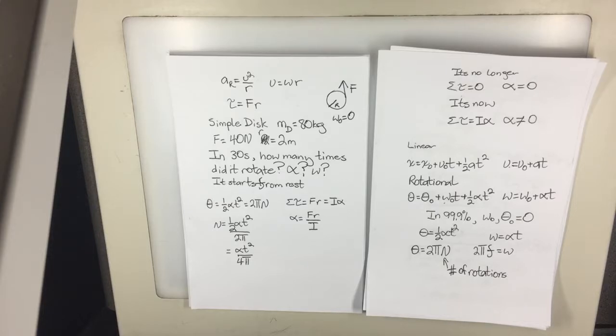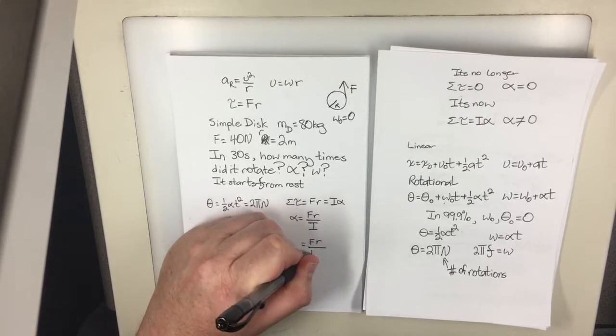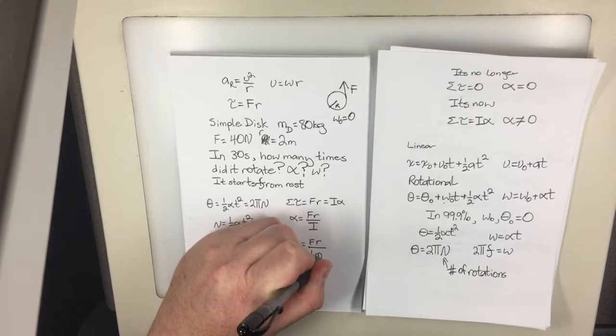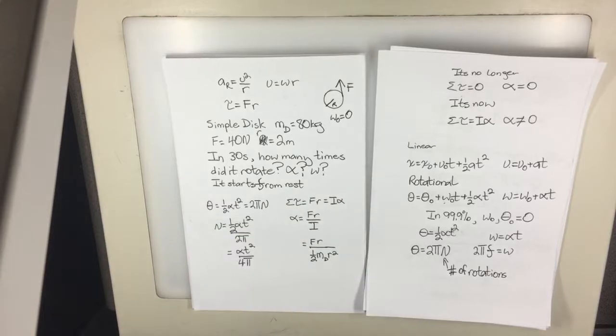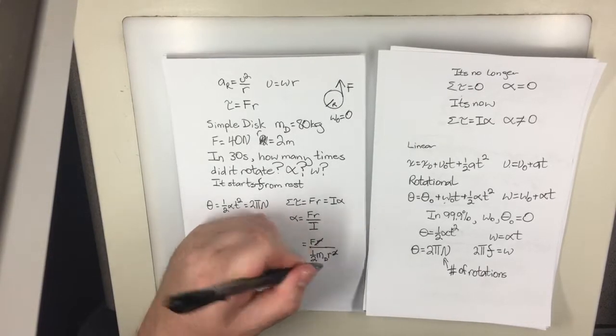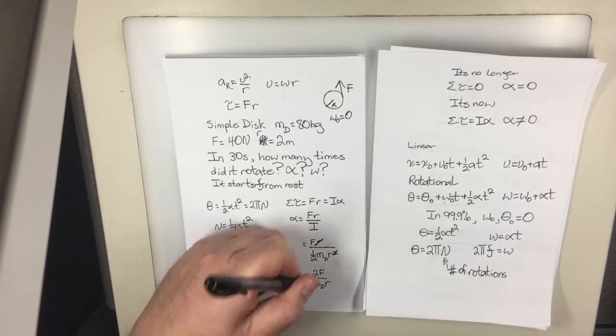I do know F, I do know R, but I don't know the moment of inertia. I was not given that value. However, I know that it is a disk. So this becomes FR over 1/2 mass of the disk, R squared. That's the moment of inertia of a disk rotating about its center point. One of the R's cancels, and my alpha is 2F over m_d R.